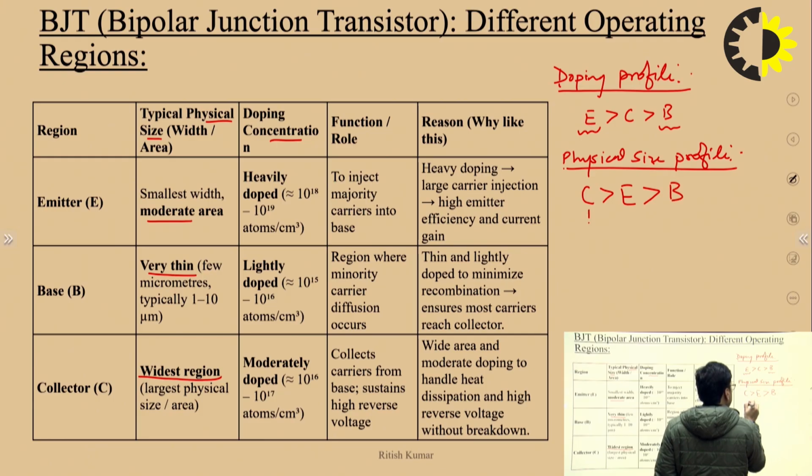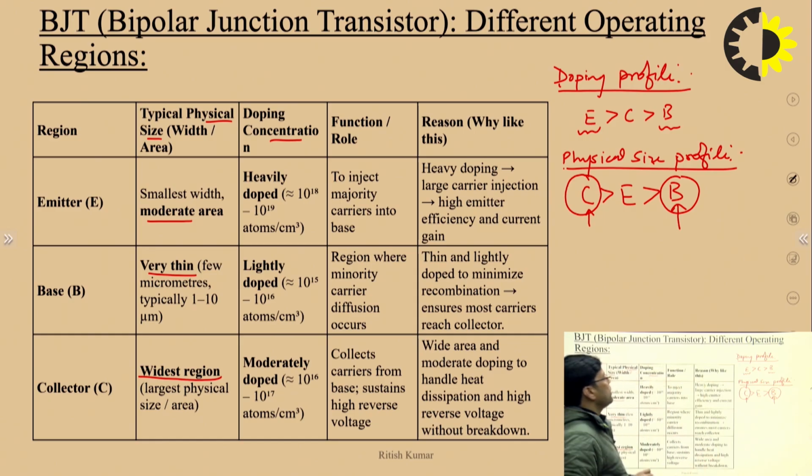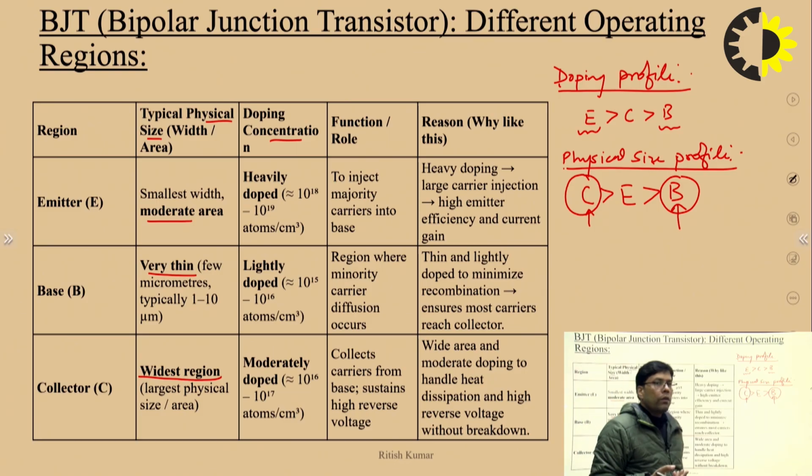So this is the largest one, this is the smallest one. Base is the smallest in area and collector is the largest in area. So we need to understand the profile irrespective of doping and irrespective of physical size.